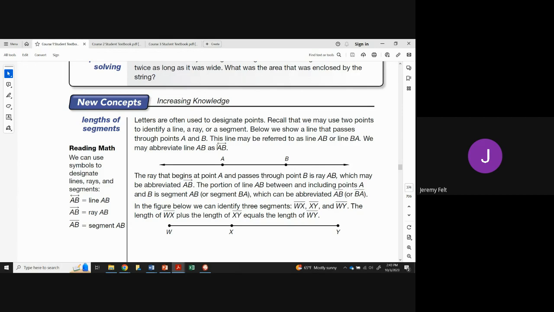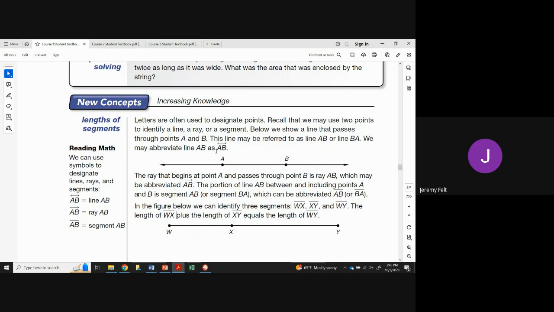We abbreviate it with AB and then the line above it, indicating that it's a line continuing on forever. If it's a ray, we will just have the arrow pointing one direction, that's indicating it continues on infinitely in one direction. If it is a segment, then it'll just have this line above it, indicating that it's a line segment. So again, arrows on both ends indicates it's a line.